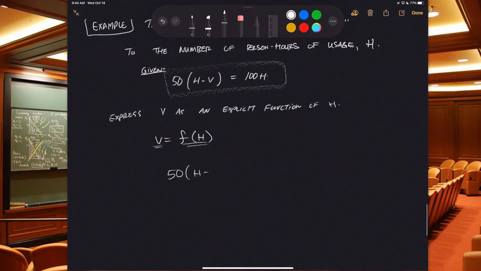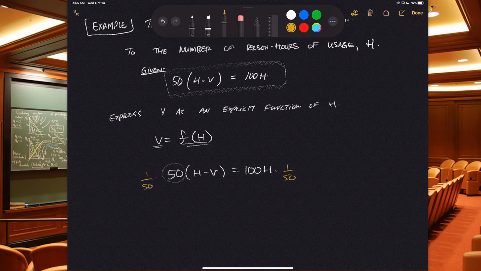Okay, so if we take 50 times h minus v equals 100h, we see that v is on the inside of these brackets. And so there's two ways to go here. One would be to ungroup and distribute this 50 through. But since I only have one term on the right-hand side, and this is just a scalar value, what would actually make the most sense would be to divide by 50 or multiply by 1/50th on both sides, right?